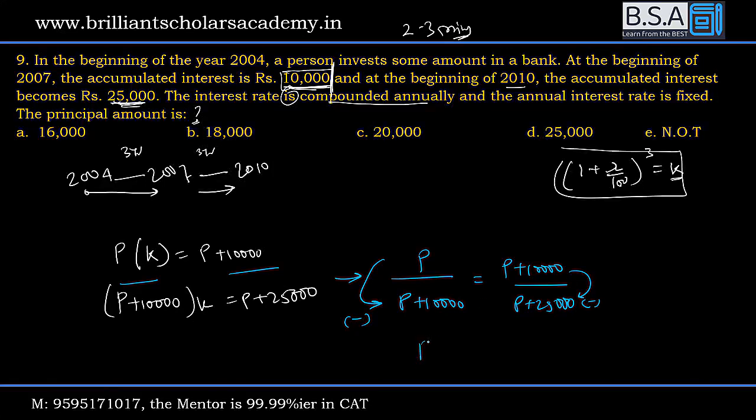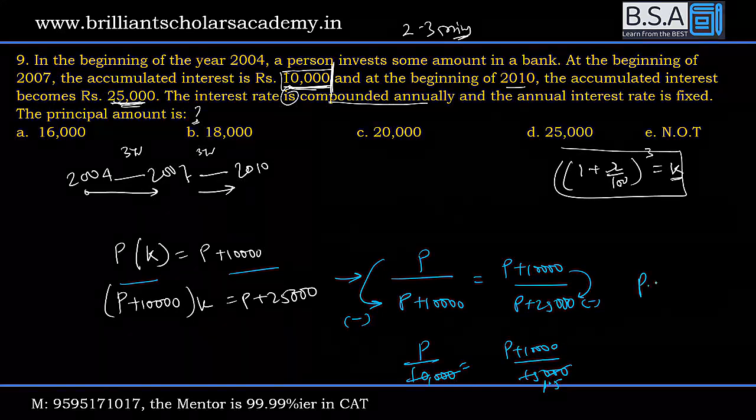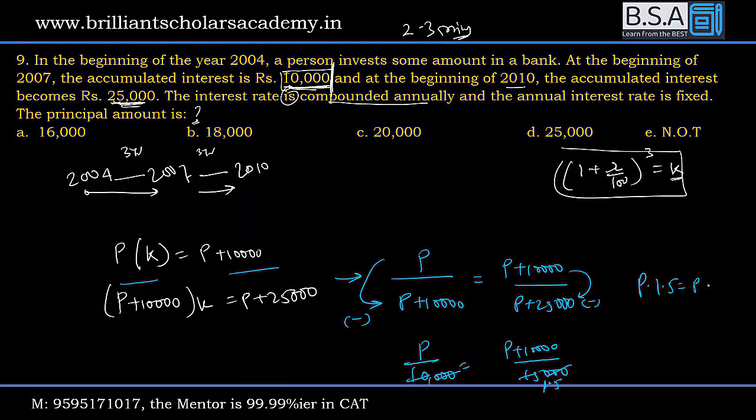So it becomes P upon 10,000 is equal to P plus 10,000 upon 15,000. 1,000 cancelled. You want to cross multiply, do that, or you can say this is 1.5 times. So P into 1.5 is equal to P plus 10,000. Transfer this. It becomes half P is equal to 10,000. So P must be equal to 20,000.